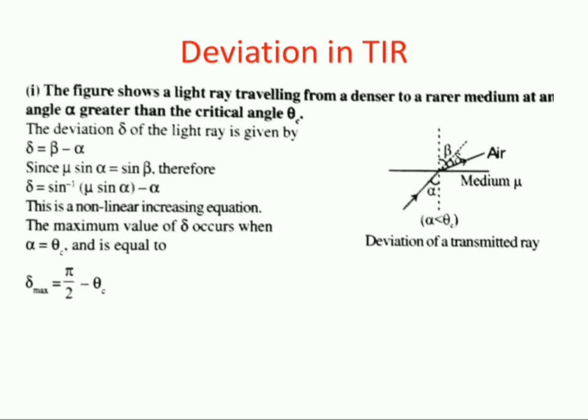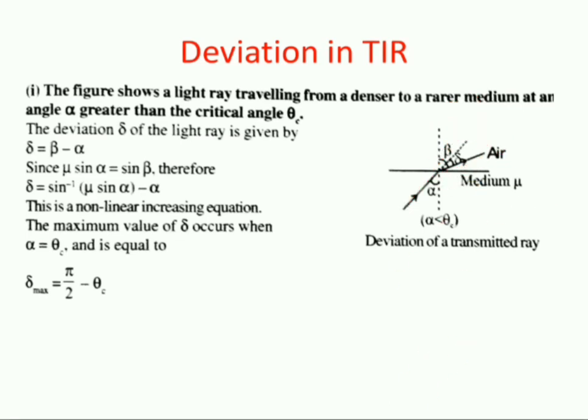Since it is undergoing refraction, it is supposed to come out at an angle alpha, but it is coming out making an angle beta. So the deviation delta is equal to beta minus alpha. Again I repeat, the light ray is supposed to emerge straight without any bending. Because it is bending, the angle between these two rays we call deviation.